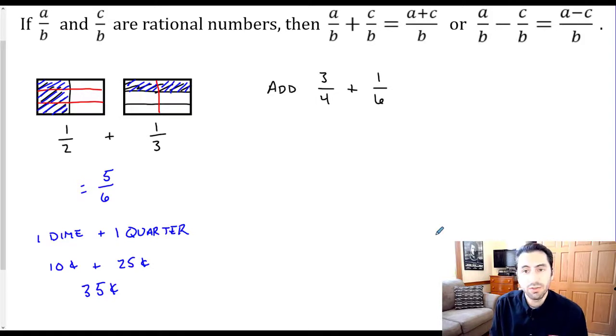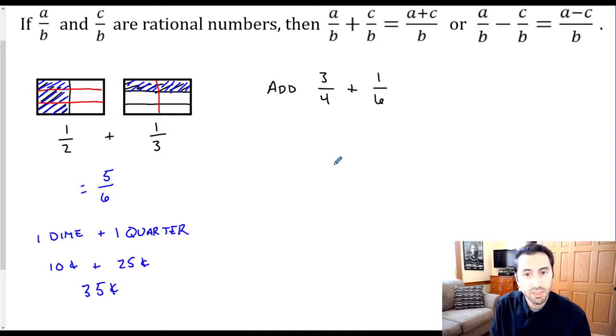So the first thing we need to do is use equivalent fractions to get our denominators to match. So if I look at 4 and 6, I'm looking for a common multiple. Multiples are what we end up with when you multiply a number by 1, 2, 3. So for 4 and 6, the smallest common multiple is going to be 12.